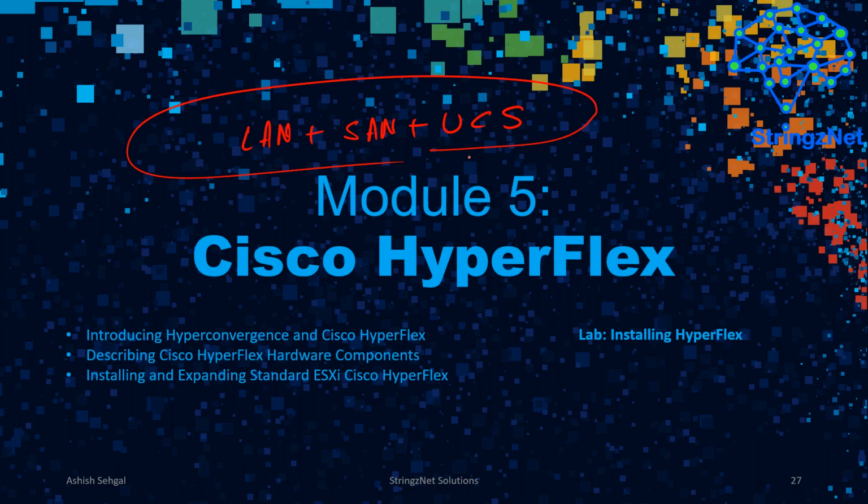I will be showing you not only the installation of Hyperflex and the complete topology to be built for the installation, but also the configuration migration as well. Very, very important module it is. This module's industry standard name is Hyper Converged Infrastructure, HCI.